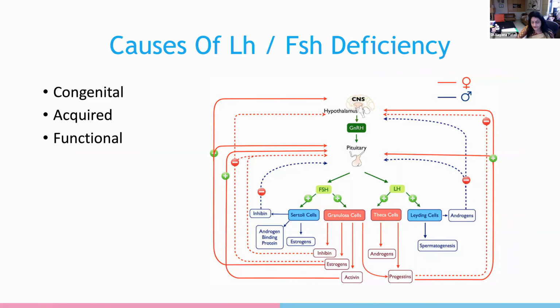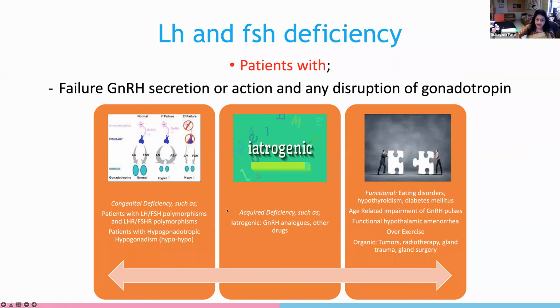The deficiency of either or both these hormones can be congenital, acquired, or functional. Congenital is, we know, hypogonadotropic hypogonadism. Congenital could also be because of LH-FSH gonadotrophic polymorphism or receptor polymorphism. Iatrogenic is when we give a good amount of analogs or certain drugs.